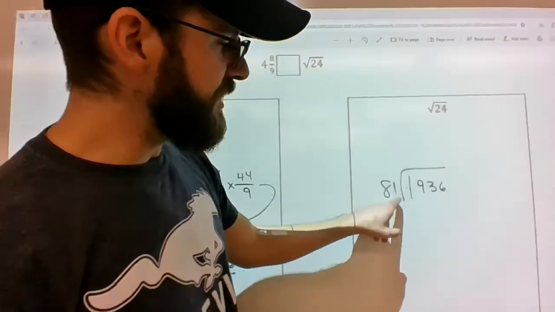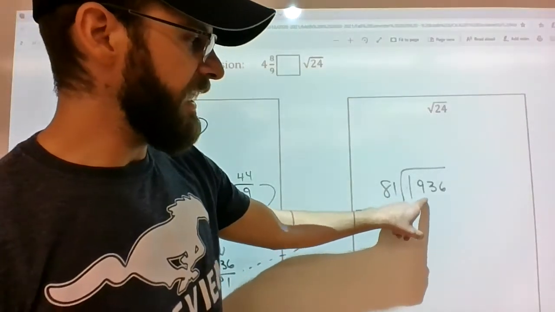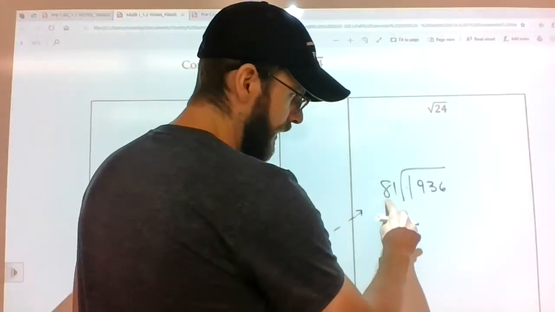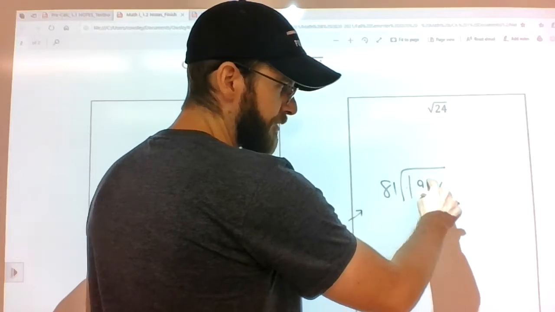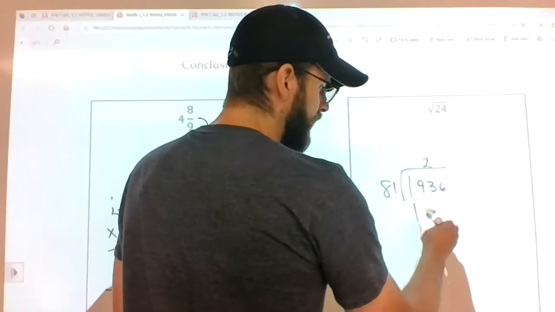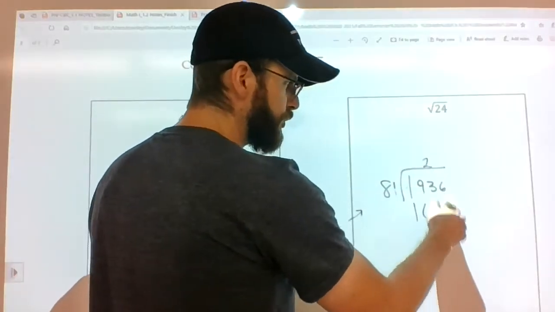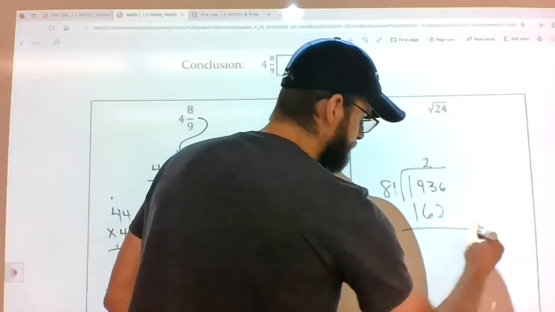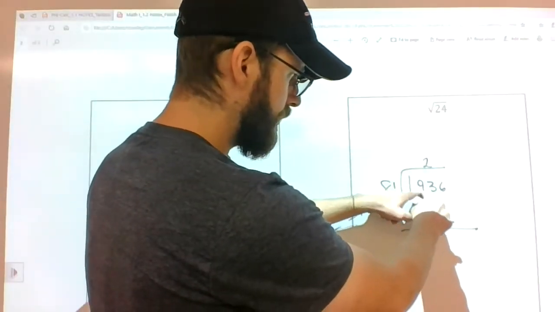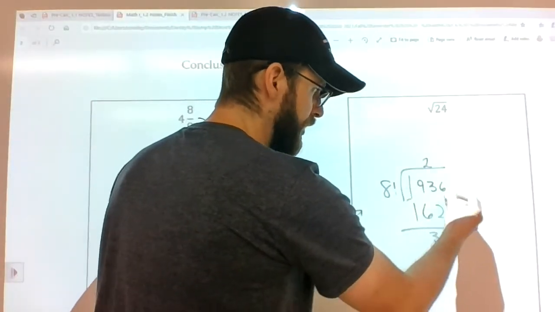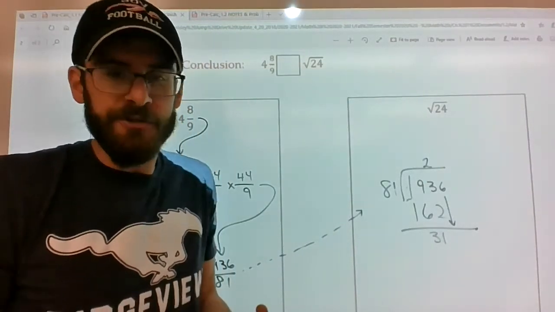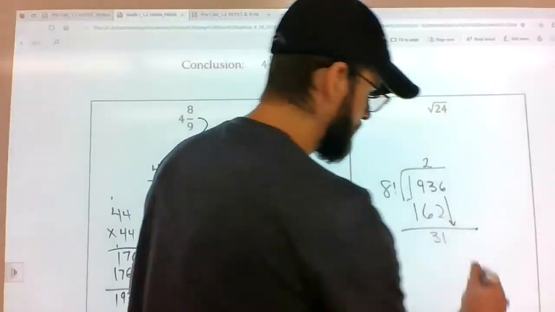So 81 goes into 193 twice. I'm going over to the last digit, 193, and moving directly above that. 2 times 1 is 2, 2 times 8 is 16. Subtract, and you get 31, drop the 6 now. Remember, we don't drop zeros every time. If there's a digit that's still there, we drop that one.